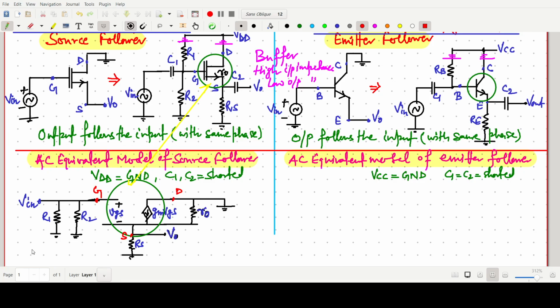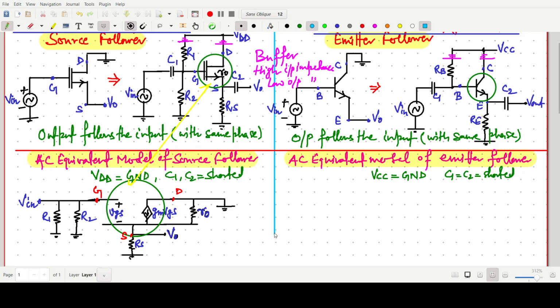So this one is a simple representation. Now this one is grounded for AC analysis, so R1 R2 will be in parallel and capacitor shorted, so Vin will be there. Similarly R0 is the finite output resistance. We can do without R0 also, but we have to take R0. So R0, RS, V0. So this one is the representation for the AC equivalent model.